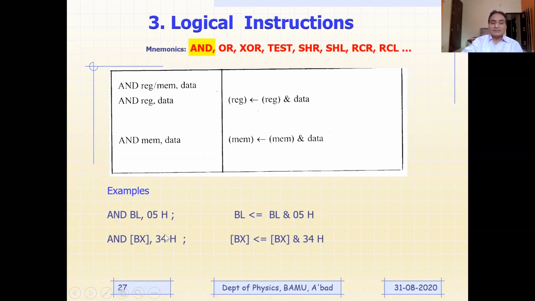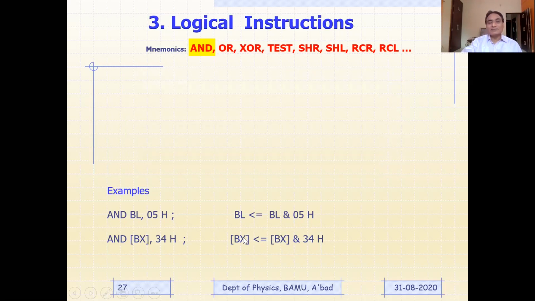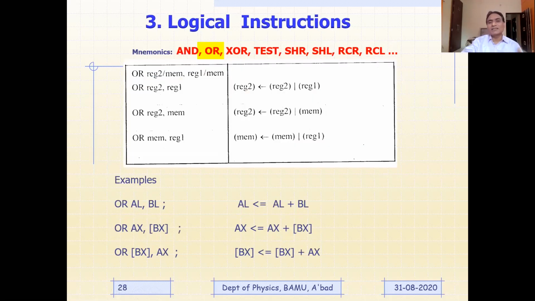And here, the destination is memory location. So what will happen here? 34 is going to be logically ANDed with content of memory location whose address is in register BX, and result is going to be updated in that memory location. क्योंकि एग्जाम्पल हमने बहुत कुछ लिया इसलिए हम अभी इसका एग्जाम्पल नहीं लेंगे.